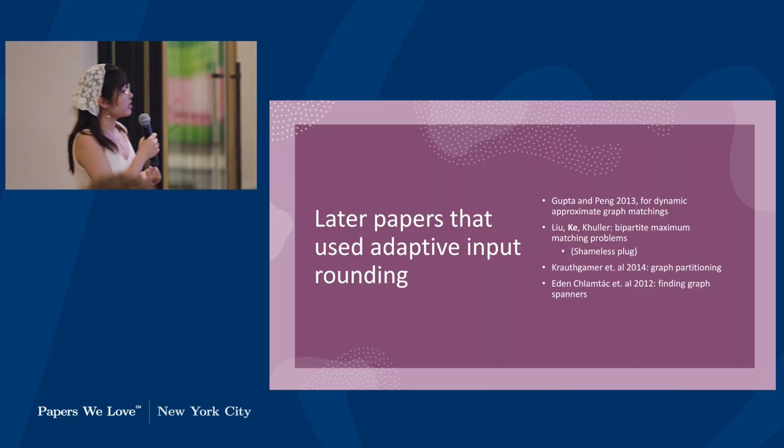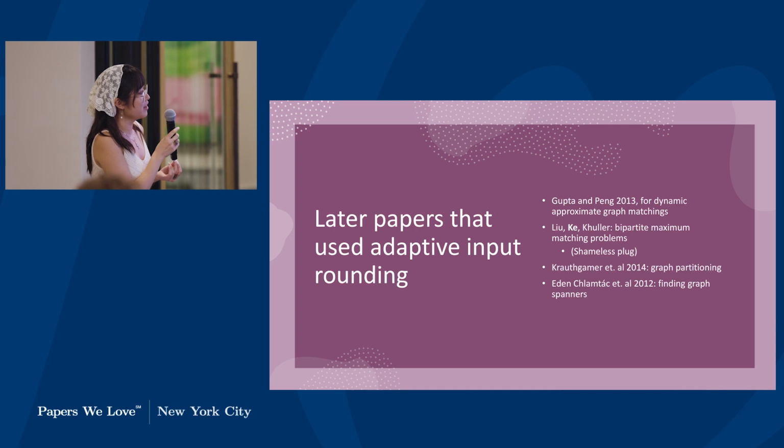This paper is considered very important in the history of theoretical computer science. A lot of later papers adapt ideas from it and cite it. Gupta and Peng used it for a paper on dynamic graph matchings.